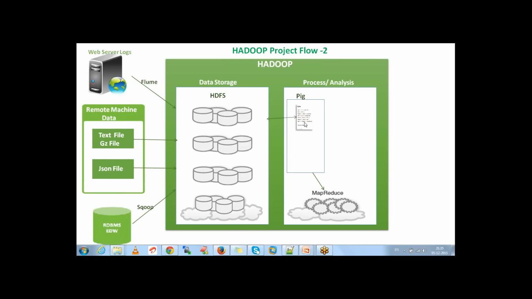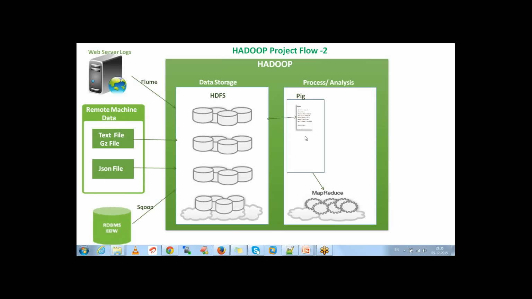First, which relation we need to load the data into, and then what we need for filtering, group by, ordering, limit, and joins. That flow is defined in Pig.